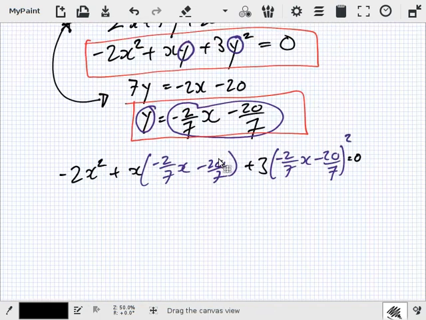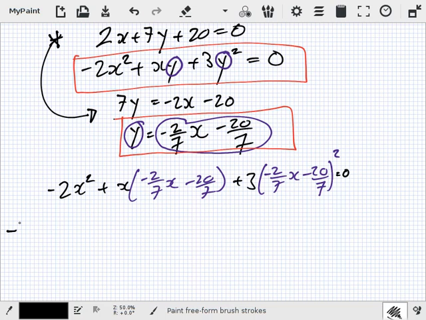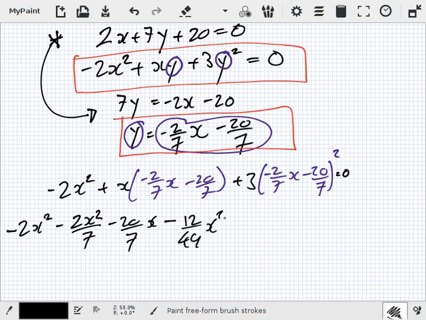So, expanding, I get minus 2x squared minus 2x squared over 7 minus 20 over 7x. Or 12 over 49x squared. Or 4 times 20 is 80. 240 plus 240 over 49x. 400 over 160.